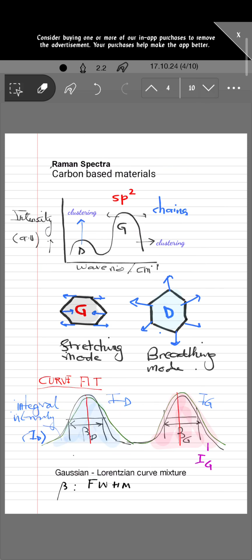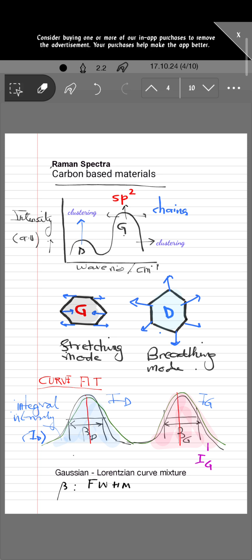If you take any carbon-based material, you will find a D and G band. D is called the disordered band and G is called the graphitic band, and G, as explained previously, is mainly due to the sp2 carbon. So the more sp2 carbon, that is graphitic carbon, the higher will be the intensity of this G band.